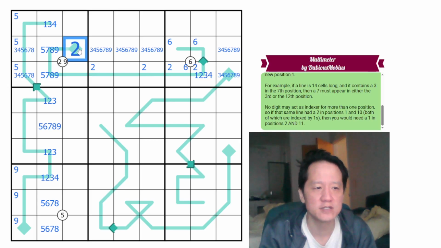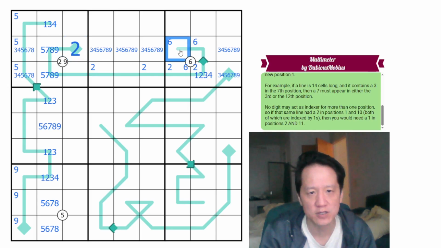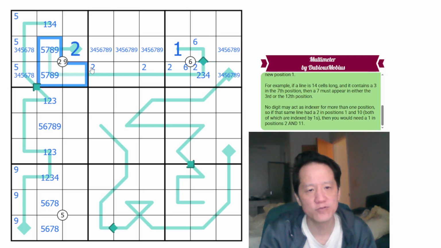This 2 is in the first position, which says that then a 1 has to be in the second position. Well, this can't be 1 in the second position, therefore this must be a 1 in the second position here. Therefore this can't be 1. The 9 could be 2, 3, or 4. That's fine.